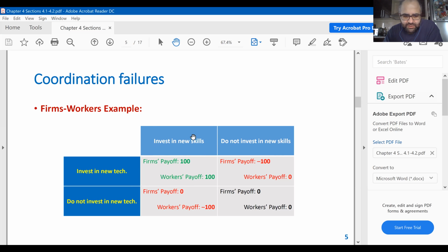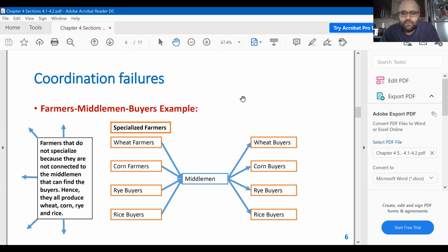So people investing in new skills and firms investing in new technology. But this is basically a non-cooperative game, right? There are many Nash equilibria, and achieving this equilibrium requires many things. So we're going to see other examples.